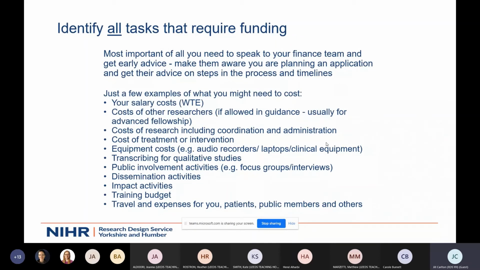Have you costed in your training? Have you got travel expenses thought about for your training, for your public involvement work, and also those impact activities that you've got in there, and so on and so forth. So they're just some examples that I popped down on the slide there.